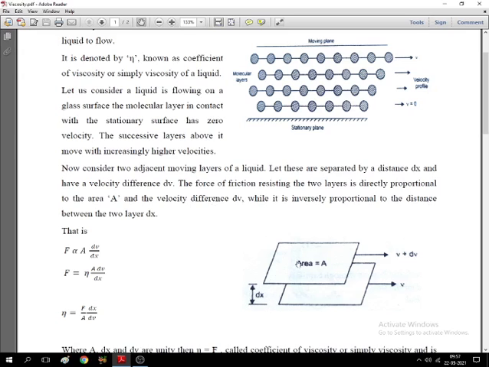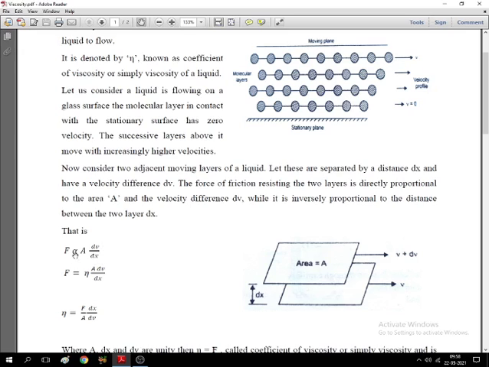The frictional resisting force is directly proportional to the area, directly proportional to the difference between the velocities, and inversely proportional to the distance between the two layers. It can be written by this equation: the frictional force is directly proportional to the area A, directly proportional to the velocity difference dv, and inversely proportional to the distance dx.